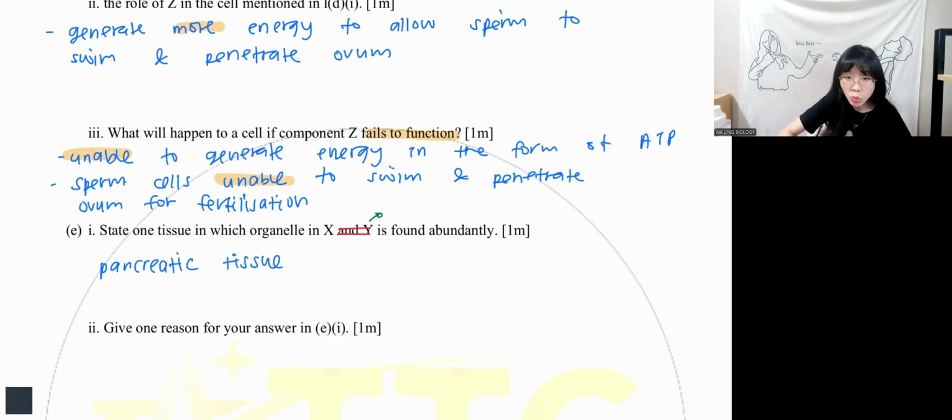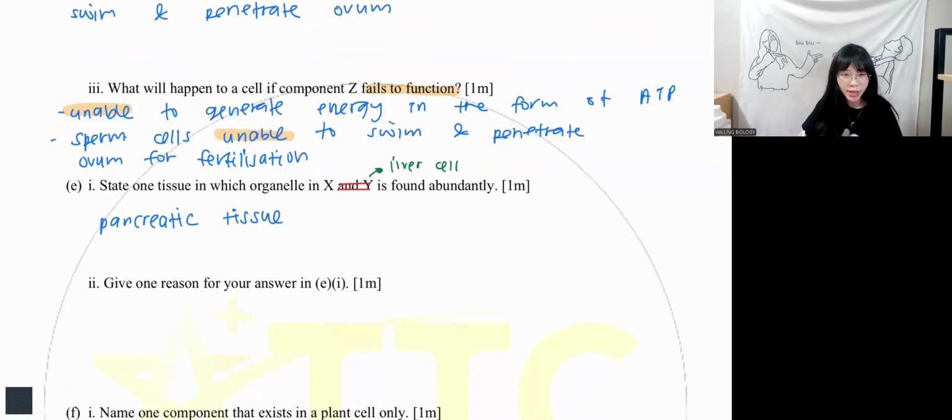Okay, if they ask you to write X and Y respectively, then your Y is supposed to be what answer? What if it's a smooth ER? It can be found abundantly in where? In your liver cell, correct? Liver cell. If they ask you respectively, okay, it means you're going to write X and Y. Give a reason for your answer for pancreatic tissue. Why your pancreas has a lot of Golgi apparatus? It's because that your pancreas, they are able to produce products of protein. What is the products of protein? We have two examples. We have enzyme.